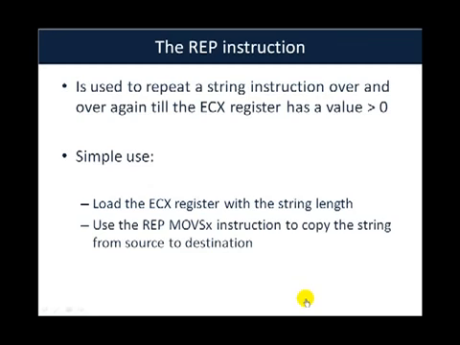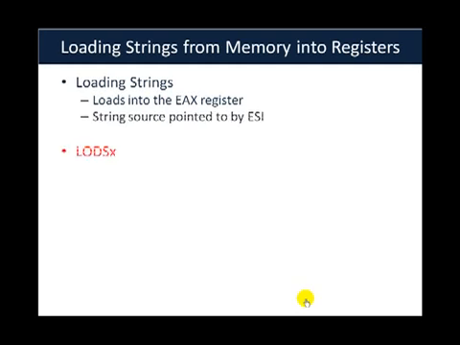So this is how the REP instruction works. Now let's look at various ways in which we can load strings from memory into registers. In order to load strings, we will use the LODSX series of instructions. There are a couple of things one needs to remember.